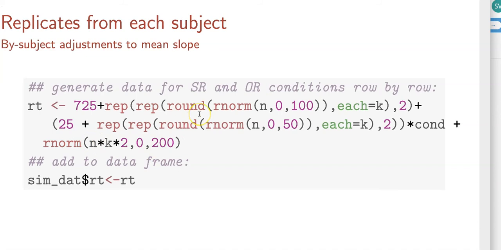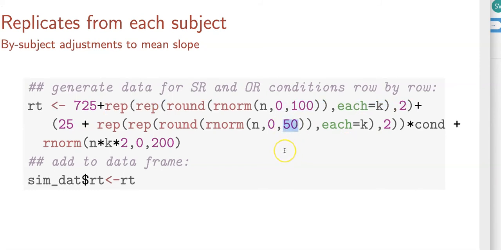So the only innovation now is that instead of writing 25 here, I'm going to adjust 25 by subject. And I'm going to do it exactly the same way as I adjusted the intercept, except that I have a different standard deviation of 50, right?